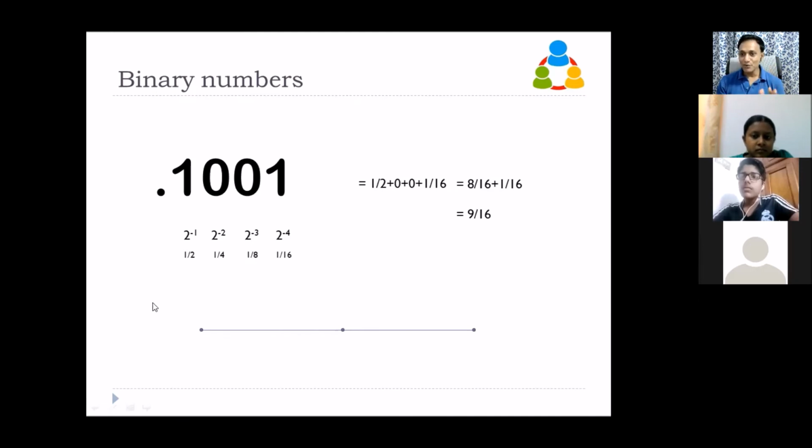In decimal, you have 0.1, 0.2, 0.3 up to 0.9, because you can divide it into 10.